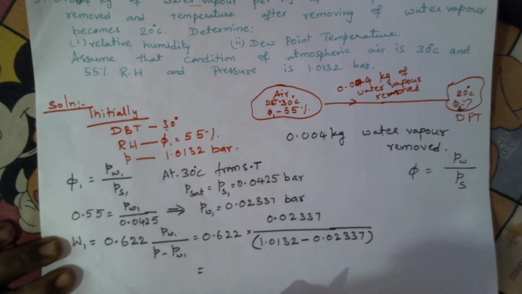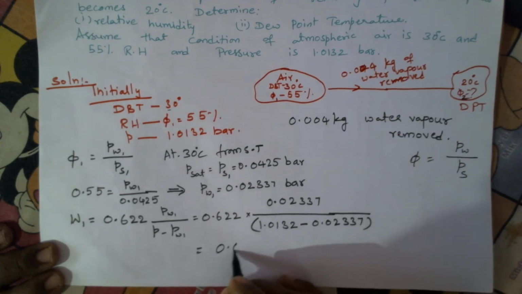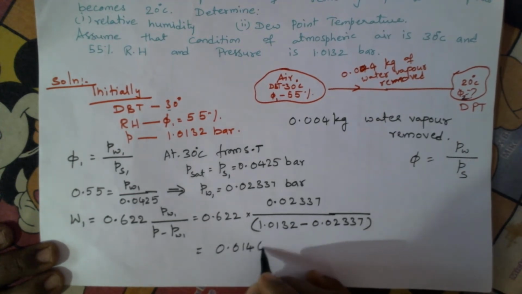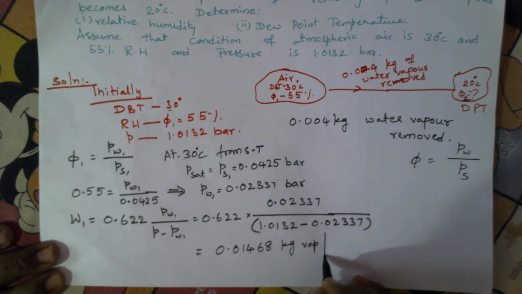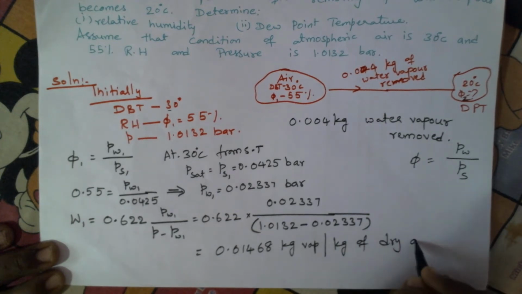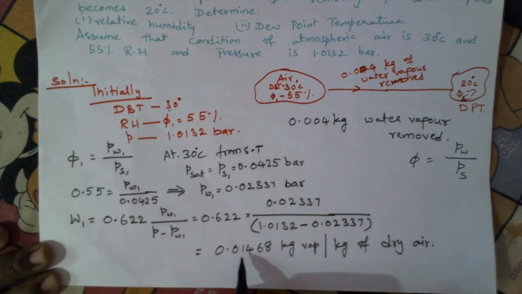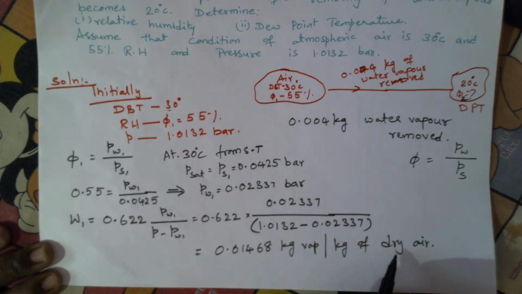If you calculate this, you will get the answer as 0.01468 kg of vapor per kg of dry air. So this is the specific humidity initially: 0.01468 kg of water vapor is present in 1 kg of the dry air, right?